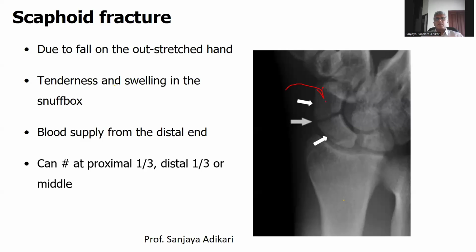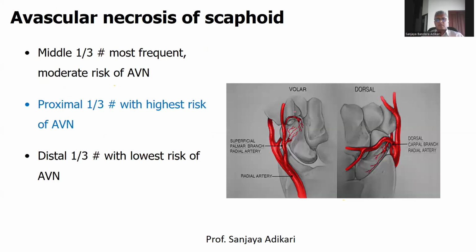So it can fracture. If you divide the bone into three fragments, it can fracture in the middle third, the proximal third or the distal third. But proximal end fractures have the highest risk of avascular necrosis. Okay, so the distal fractures have the lowest chance of avascular necrosis. This is the reason. Say you take three types of fractures.